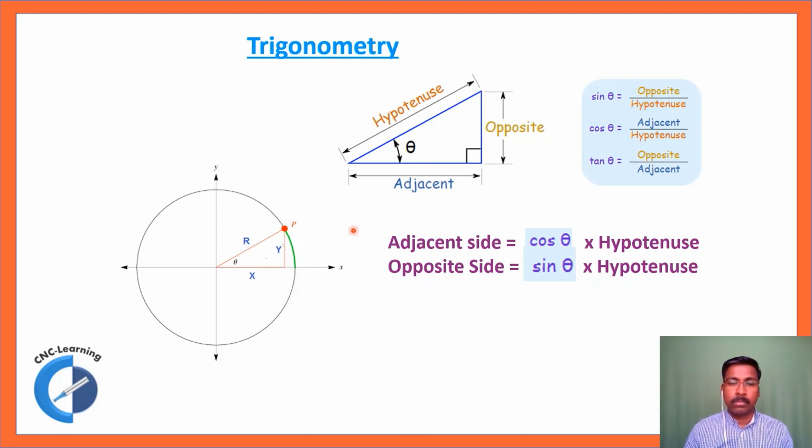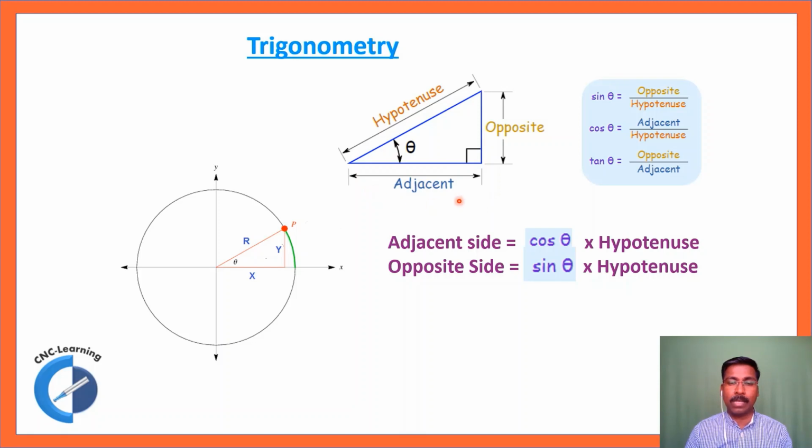Now for a circle, if you take any one point on the circle, this is the radius and this is x component and this is y component. This is hypotenuse of right angle triangle.